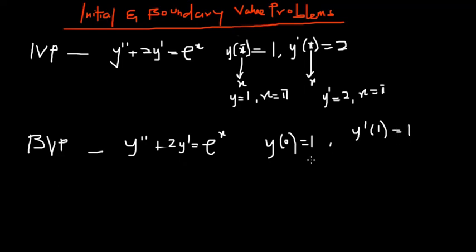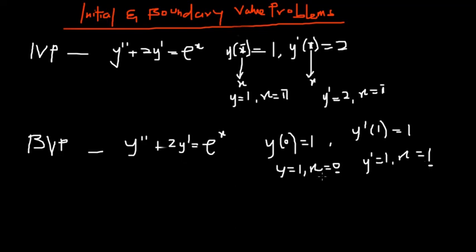You can notice that the subsidiary conditions are given at different values of x. So you could write that y is 1 at x equals 0, and y prime is 1 at x equals 1.